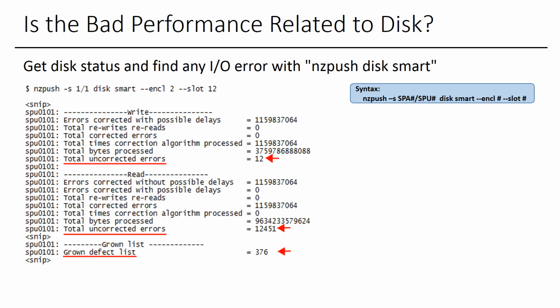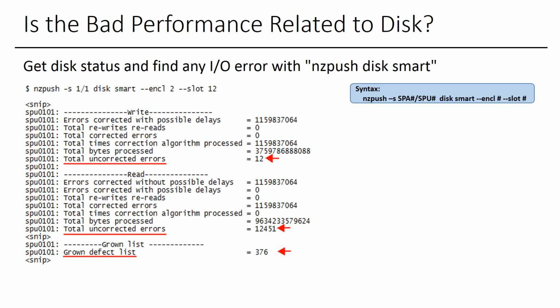The nzpush utility allows you to perform different operations on spools. The disk smart option with nzpush provides disk status and shows any read-write errors with a specific disk. It will gather the SCSI disk smart statistics by querying the disk in the specified disk enclosure and slot.